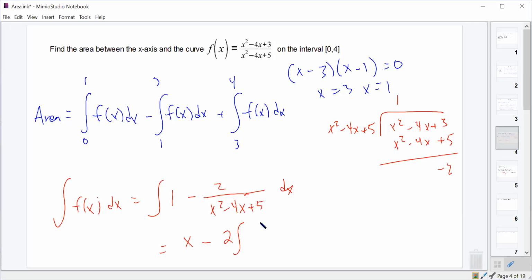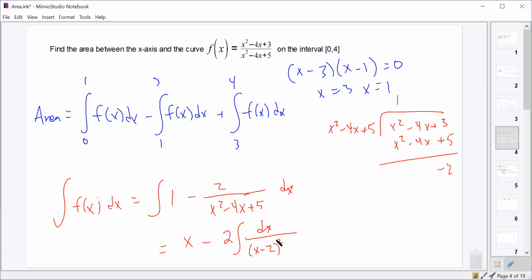2 times the integral of dx over, what do we do with x squared minus 4x plus 5? Yeah, complete the square. Good, Darius. So this becomes x minus 2 squared.